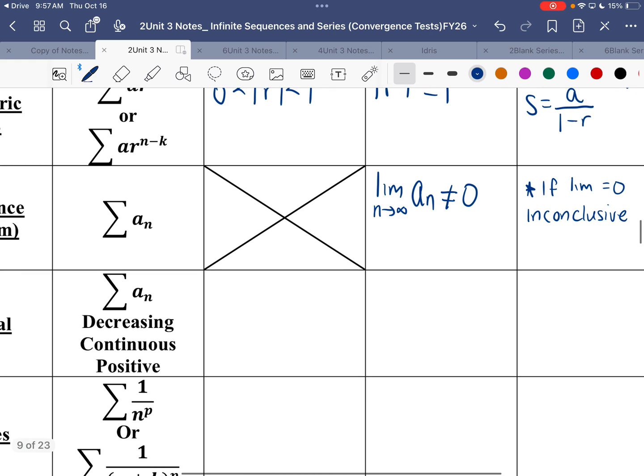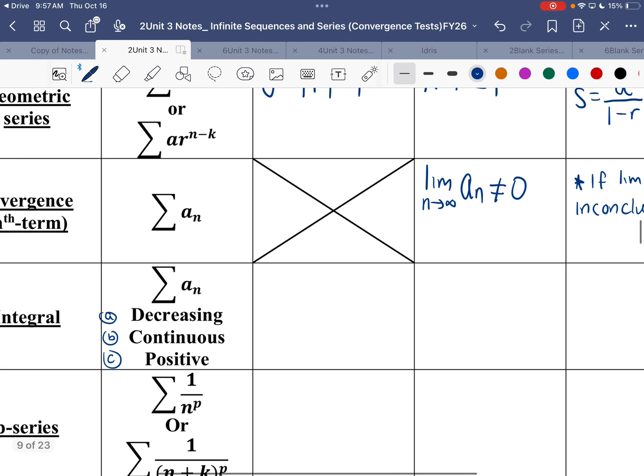Okay, then we look at the integral test. You have to meet these 3 criteria. That is why this is annoying. Also, sometimes integrating some of these can be annoying. So integral tests are favorite.